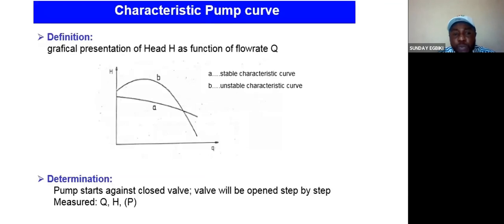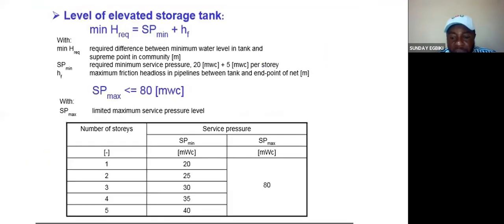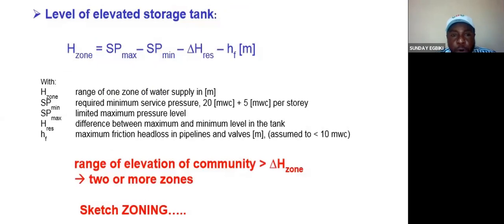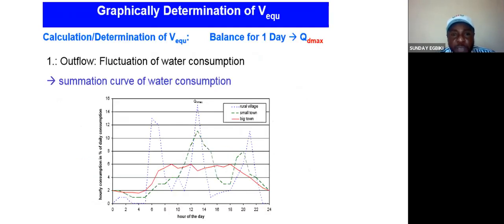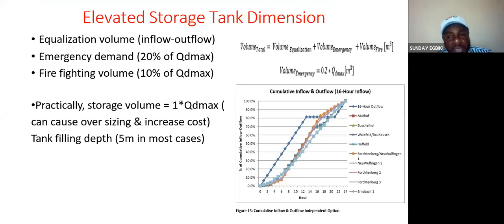So what we are trying to do in order to save costs is why we are not pumping 24 hours. But that doesn't mean we should not use it to estimate the actual volume of water we'll be expecting in the tank, which is called the equalization value. Otherwise, we might even be over designing the tank. Everything is to avoid excessive cost. Some consultant will just design and multiply by 2.